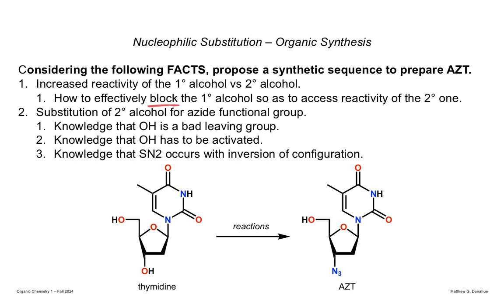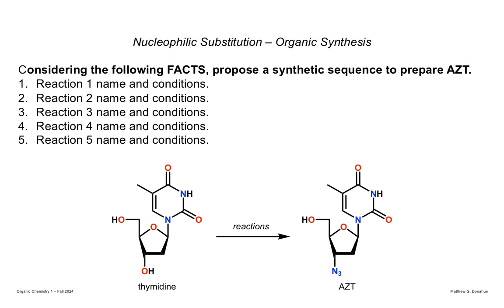We know that OH is a bad leaving group, so we need to do something about that. And then we need to address the inversion issue. So there's 5 reactions we'll carry out, and we'll show those on the next slide about how thymidine goes to AZT.